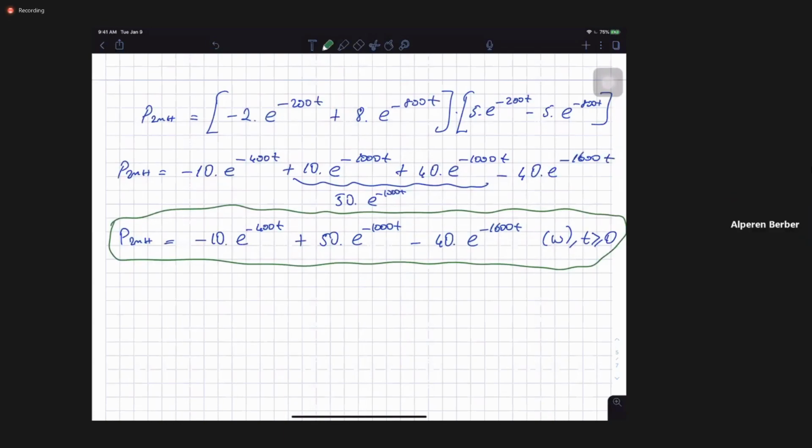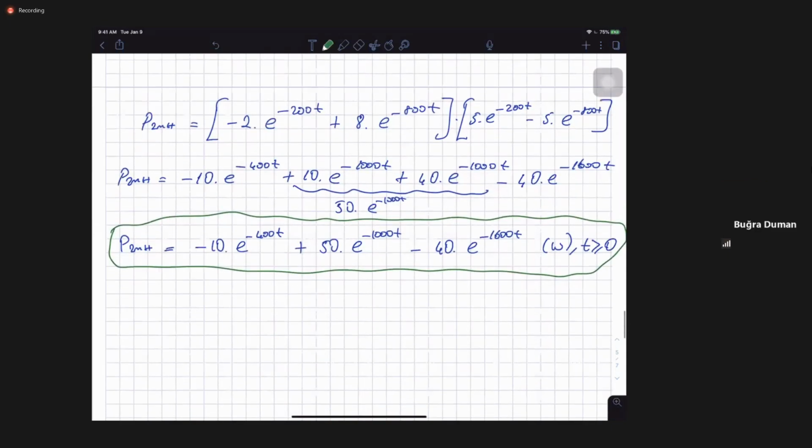Yes. Okay. In the previous step, can you say again? In the previous step, minus 40 times e to the minus 1600t, it's wrong. Which one? This one? I can't see. So, yes, e to the minus 1600t. Okay, wait a second.